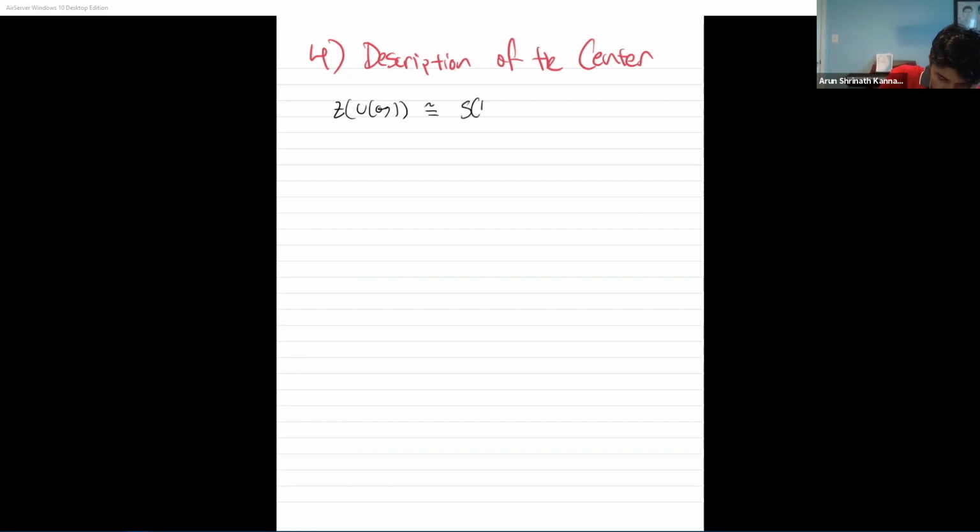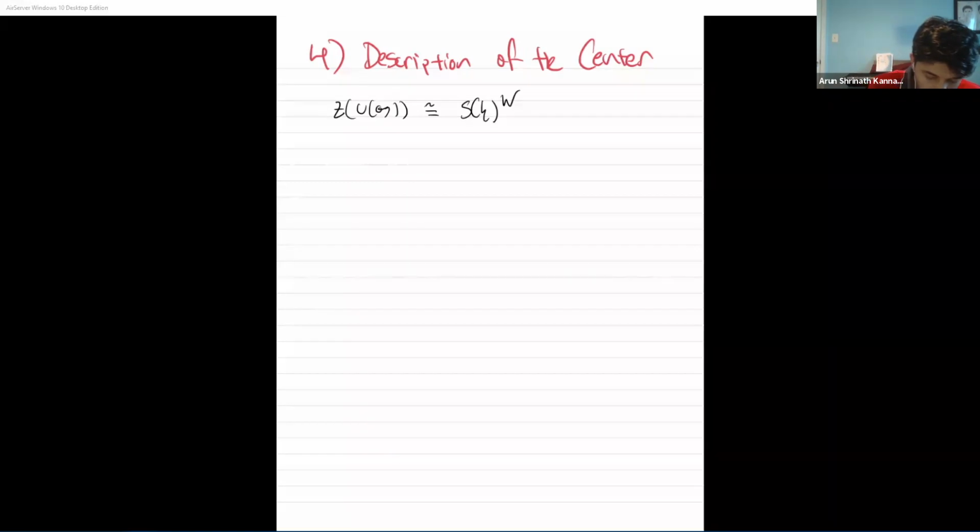Before we go into any proofs, let's try to state the main theorem and the outline of where we're going. In the classical case, we explained that the center of the universal enveloping algebra is isomorphic to this.